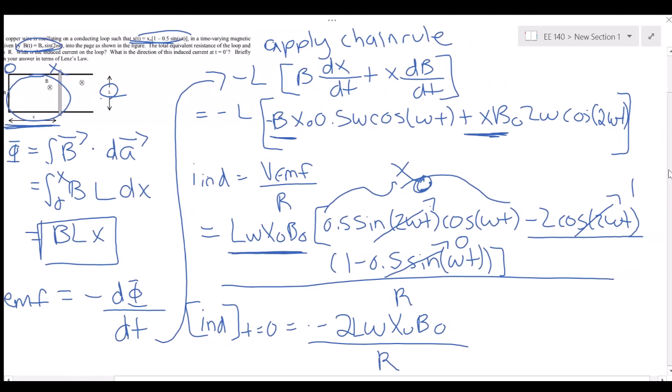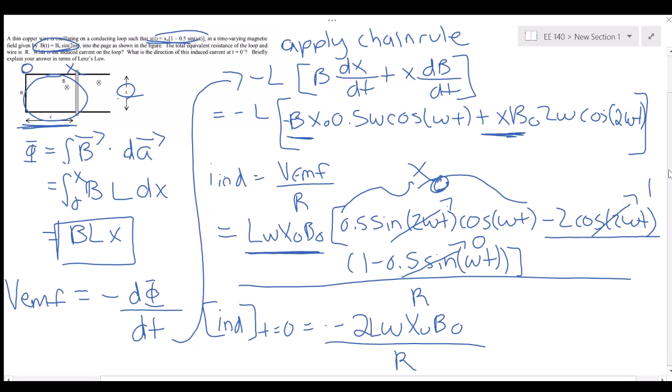Now, using Lenz's law, we have to explain the direction. When time is 0, the surviving term is 2 cosine 2 omega t, and that comes from the derivative of the B field, which is B naught sine 2 omega t. So the B field is increasing into the page. It's increasing because when time is equal to 0, cosine 2 omega t is 1, so it's changing fastest, which means it's increasing.